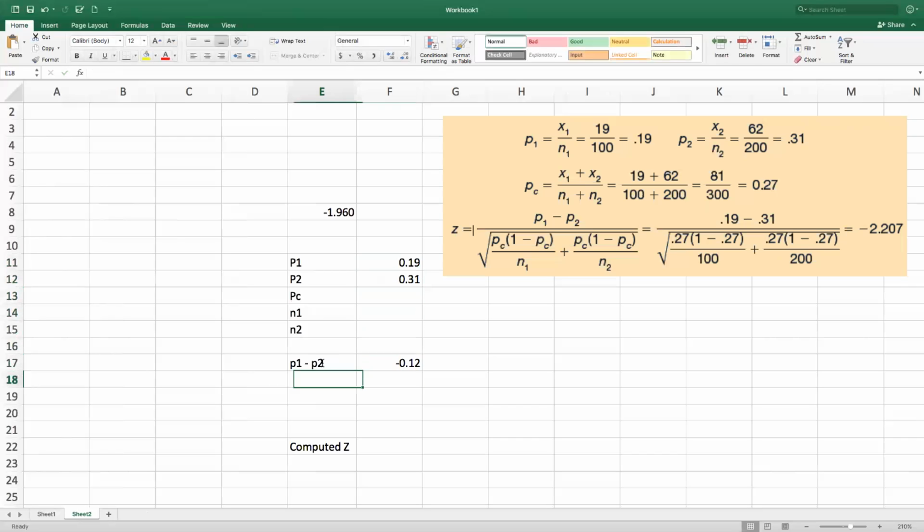Then let's look at the bottom here. This is a little complicated, so we're going to do this in steps. Let me take the numerator first: PC times 1 minus PC, and I'm going to put that here.